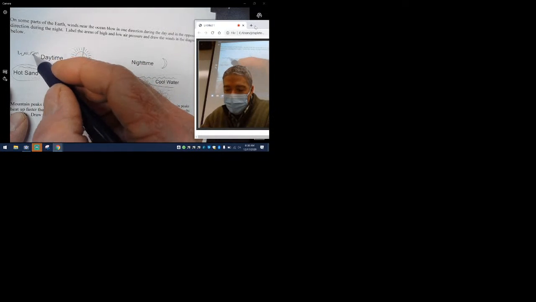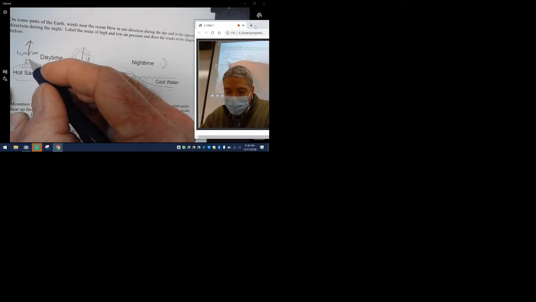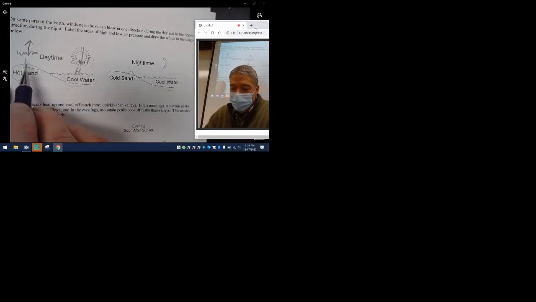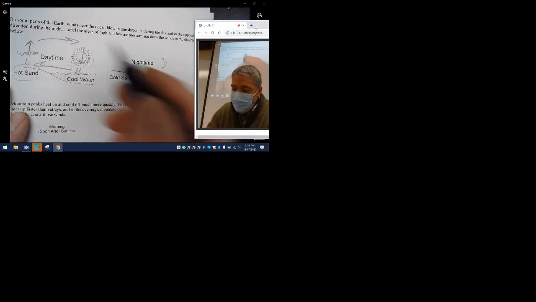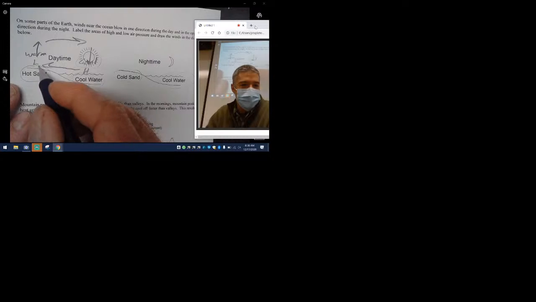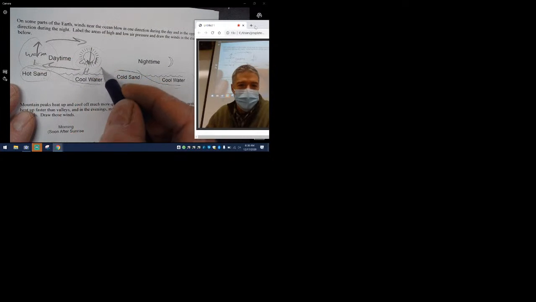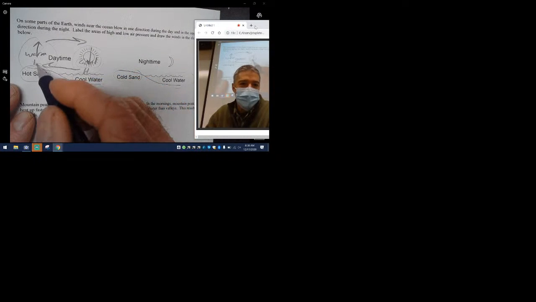And then the warm air rises, and the pressure underneath that would be low pressure because warm air is not as heavy. So if you look at the H and L, which way is the wind going to blow? To the water or to the sand? It's going to blow like this. So during the daytime, you actually get an onshore breeze. As the land heats up and the water stays cooler, that's going to make this sink and this rise.